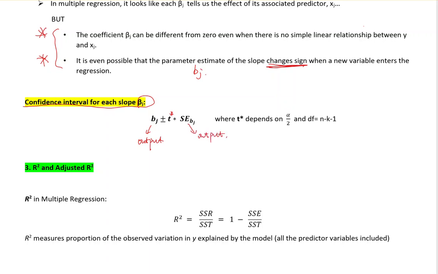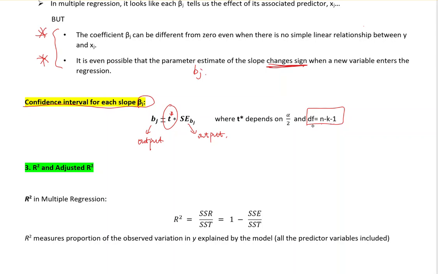The only difference is the t star. Here the degree of freedom will be different from the last one. The last one was n minus 2, but now if you have multiple regression, the degree of freedom is n minus k minus 1.